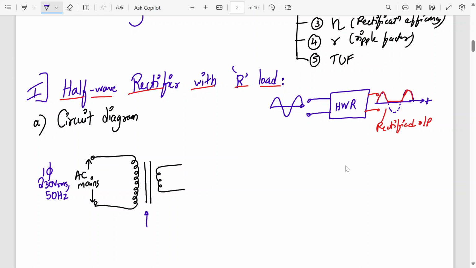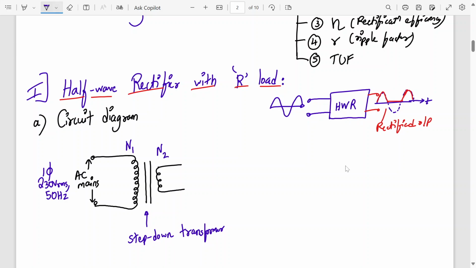So AC mains is applied to the transformer. This is actually called a step down transformer. What is the job of a transformer? It has two jobs. It will either step up the AC voltage or step down the AC voltage, meaning it will convert high AC voltage to low AC voltage. In this case, it is doing that. So step down. It has two windings. N1 is the primary winding, N2 is the secondary winding.